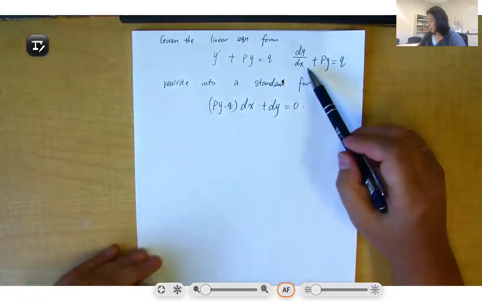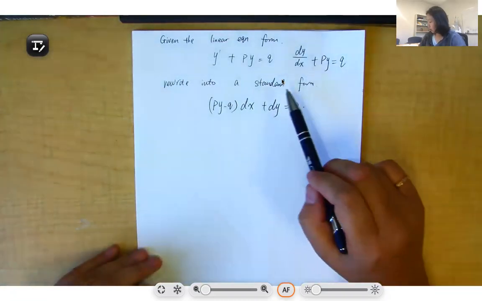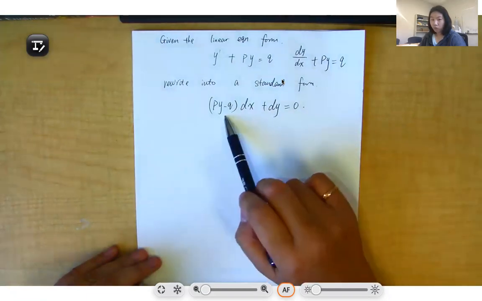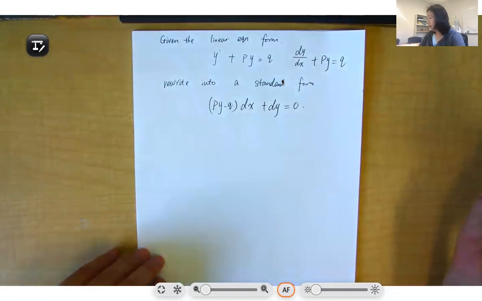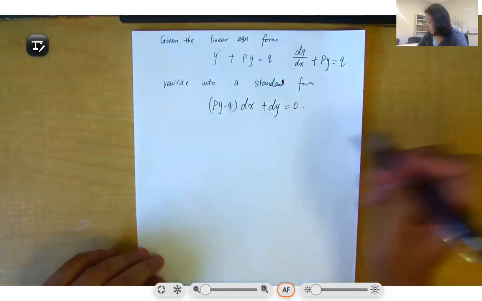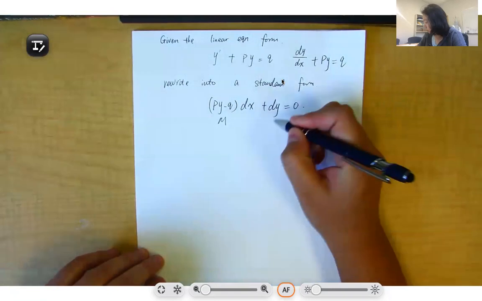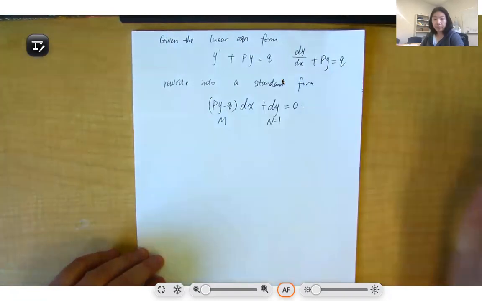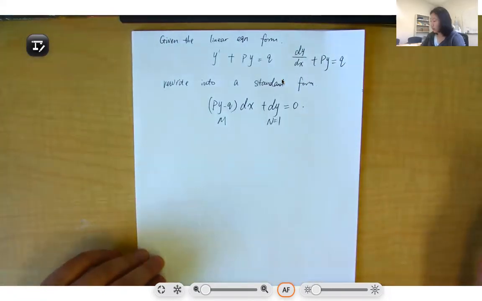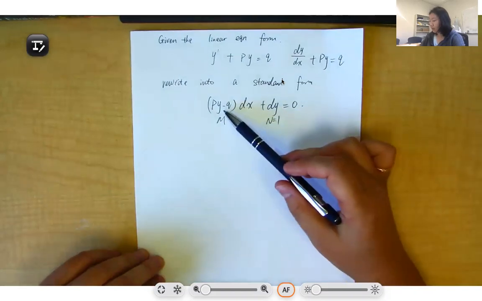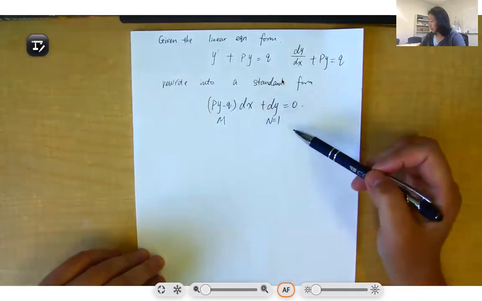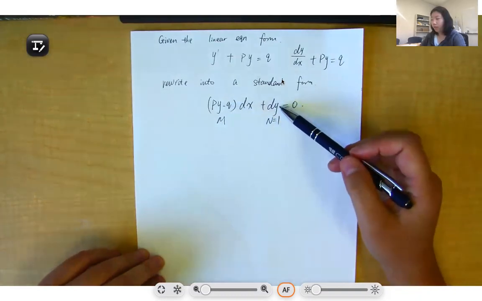So you just times dx and then put all the dx terms together and all the dy terms together, equals 0, okay? And then we know the N will be equal to 1, right? So it's M dx plus N dy equals 0, M equals py minus q, N equals 1, okay?